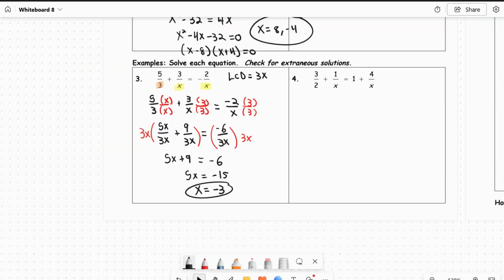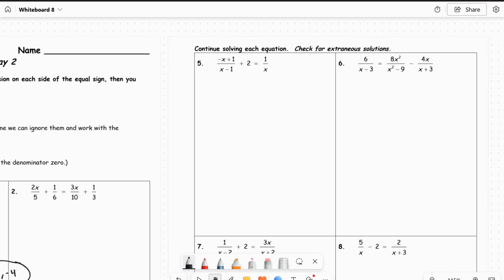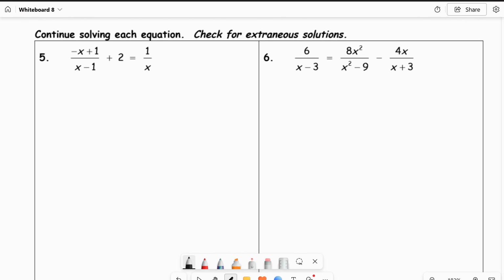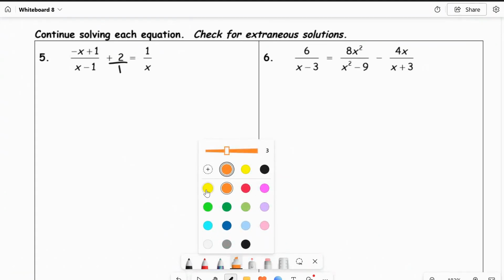All right, let's look at the last couple examples here. On page number 2, this is a lot of the same. I do have plus 2 in this case as one of my terms, so I'm just going to make that 2 over 1. To find my LCD, I'm going to highlight all of my elements.